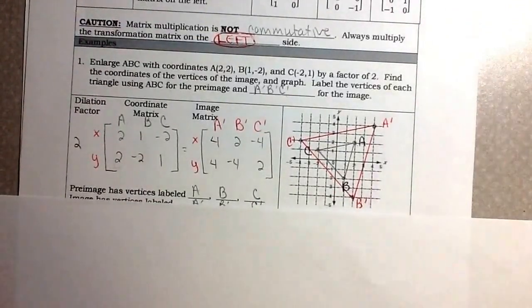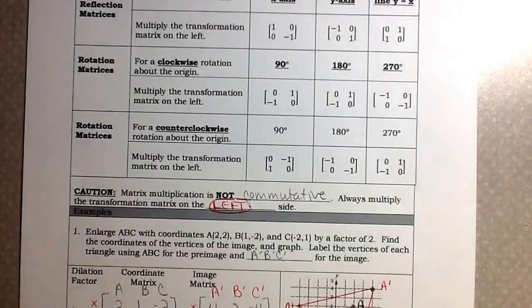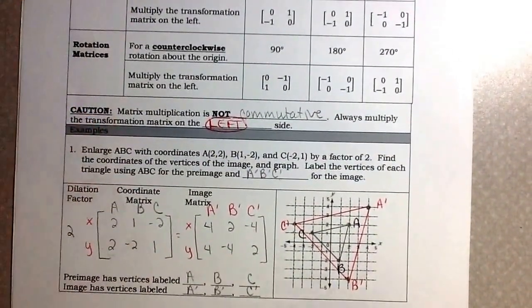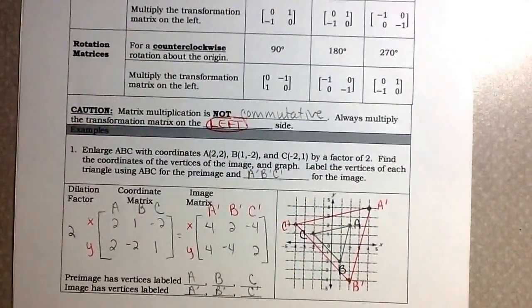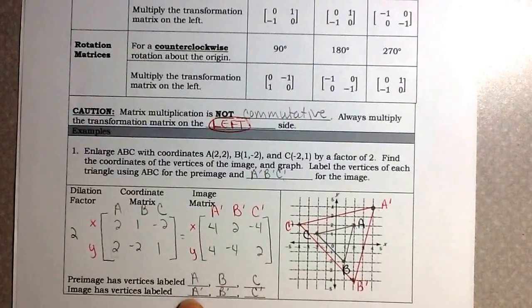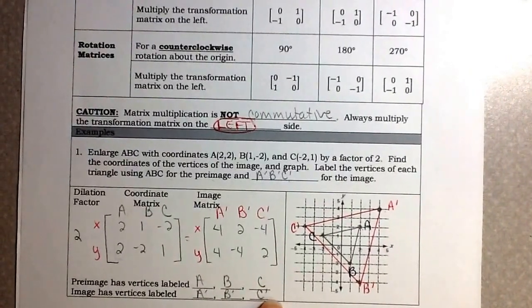And there's our image. Okay, so you have your transformed triangle that's been dilated by a factor of 2. Pre-image needs to have ABC as vertices, and the image needs to have A prime, B prime, C prime. All right, let's do one more example, and then I'll have you do one problem on your own.